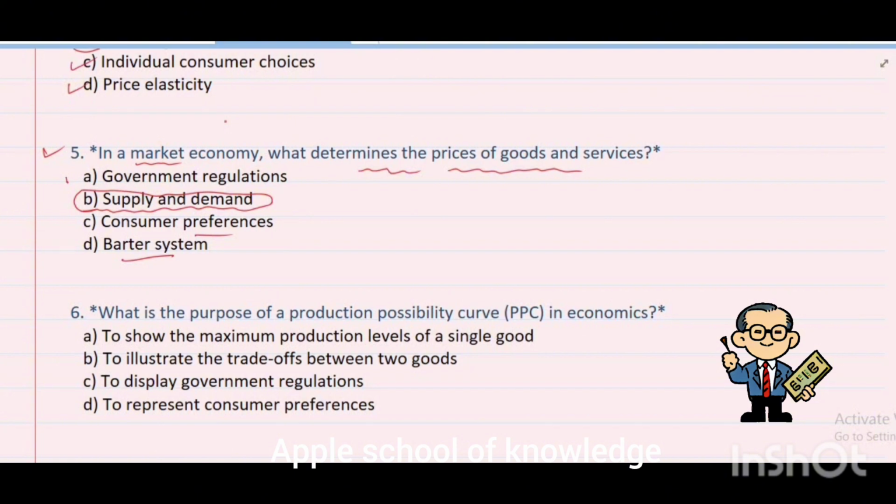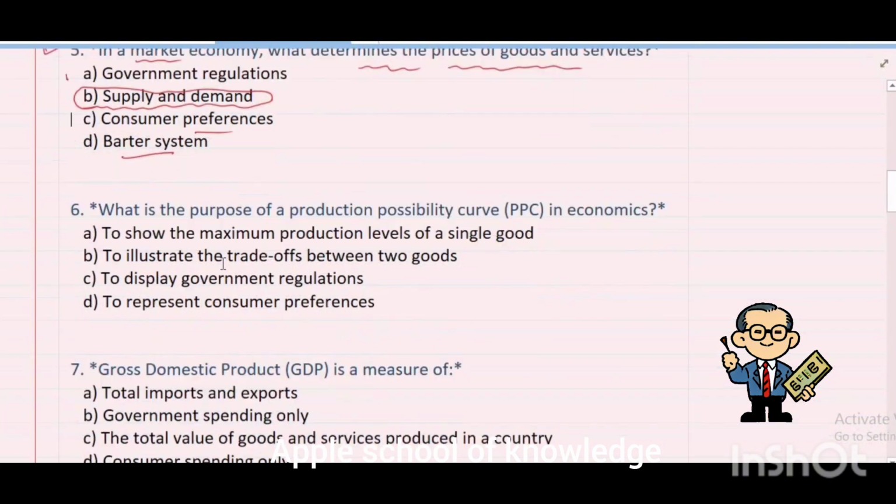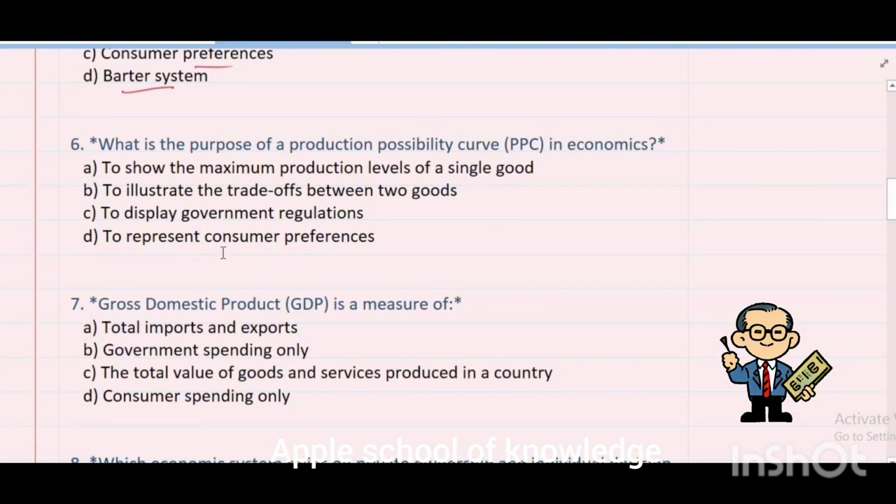Now let's move on. We have another, this is a very basic MCQ, and this is number 6. What is the purpose of the production possibility curve in economics? Again, we have four options: to show the maximum production level of a single good, to illustrate a trade-off between two goods, to display government regulation, and to represent consumer preferences.